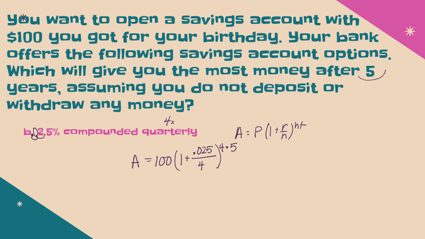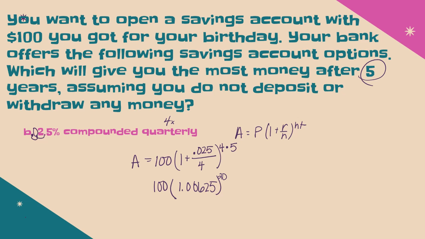I'm still working on the 5 years, okay? Now I'm going to evaluate. So I'm going to start with 0.025 divided by 4 plus 1 gives me 1.00625. I'm also going to multiply 4 times 5 in the exponent to get 20.